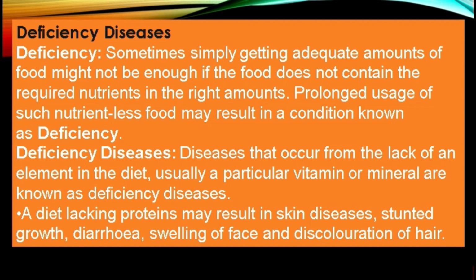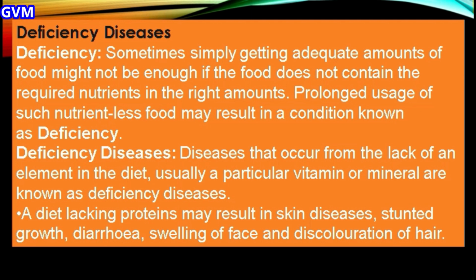Students, diseases that occur due to lack of nutrient over a long period of time are called deficiency diseases or nutritional diseases. Deficiency of one or more nutrients can cause diseases or disorders in our body.